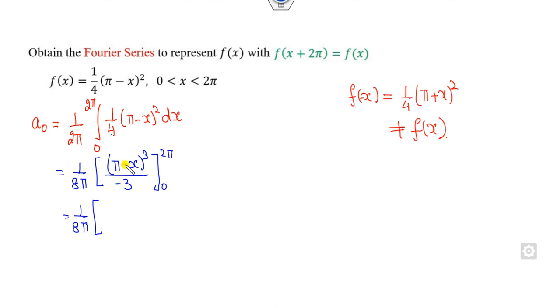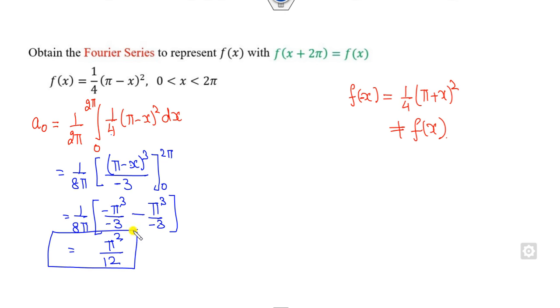When you substitute 2 pi, it is minus pi cube over minus 3. When you substitute 0, it is pi cube over minus 3. So it will be positive, 2 pi cube, so 2 will be cancelled out, pi square over 12. Fine. Pi will be cancelled out, and the 2 and 4 will be cancelled out. So this is my a0.